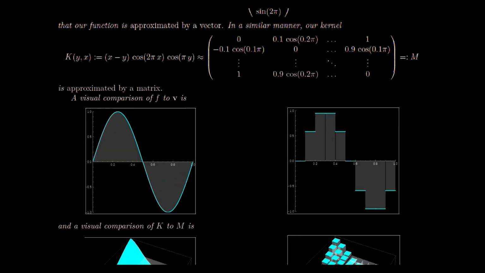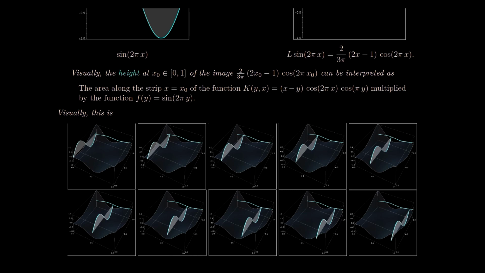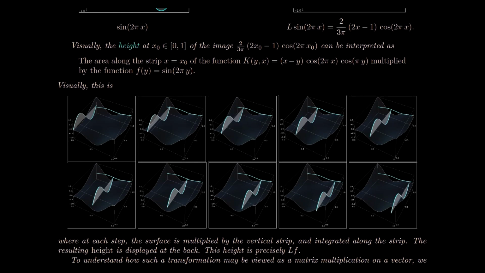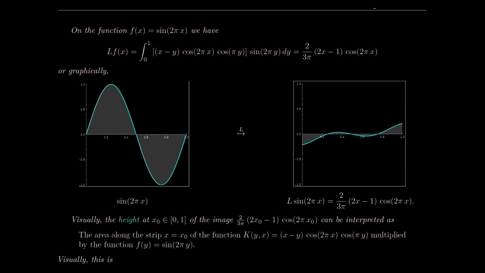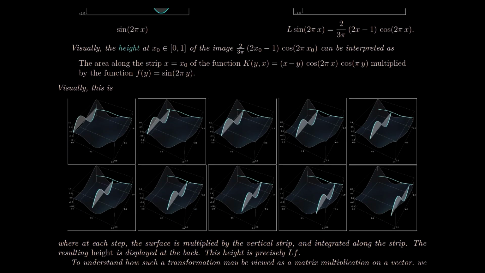Now, let's think about what actually happens in both the continuous case of the integral and the discrete case of the matrix. In the continuous case of the integral, what's actually happening when I compute this integral right here? Visually, I'm taking my input function f, the sine, and since I'm only making it a function in the y variable, that's my y direction, I'm going to place it in the y variable.